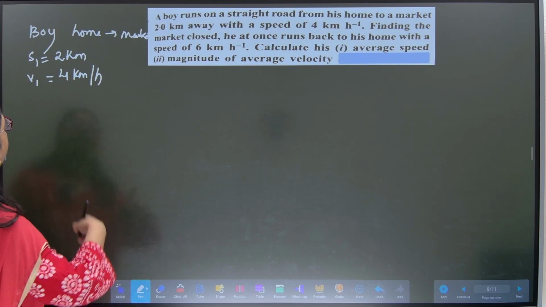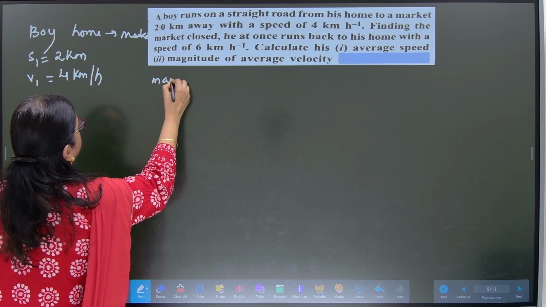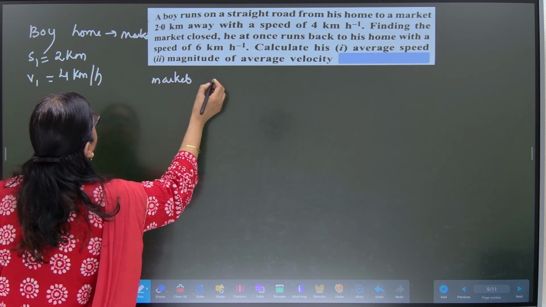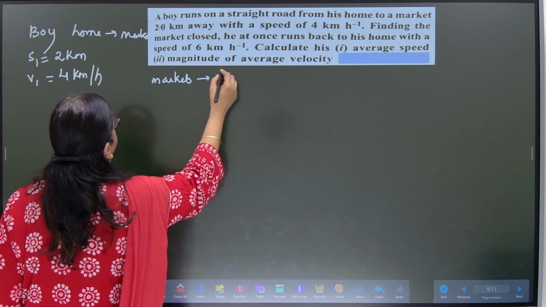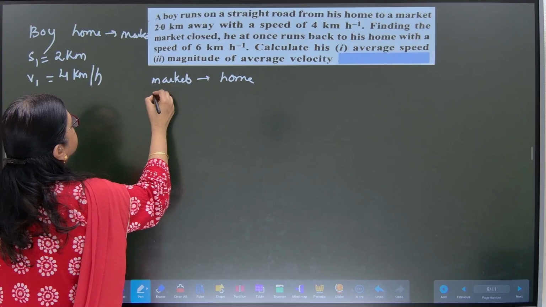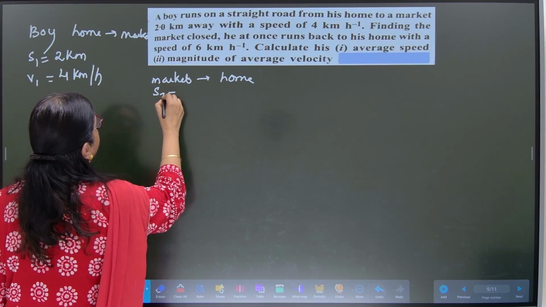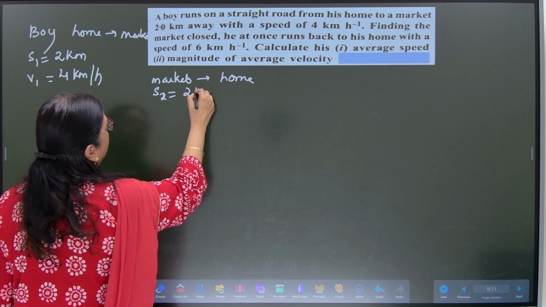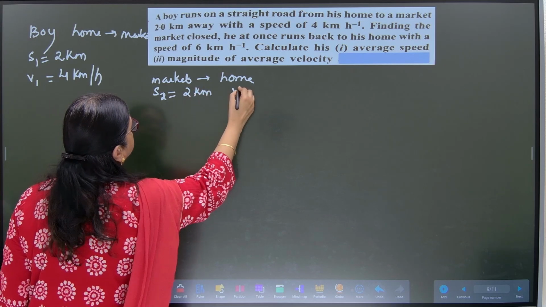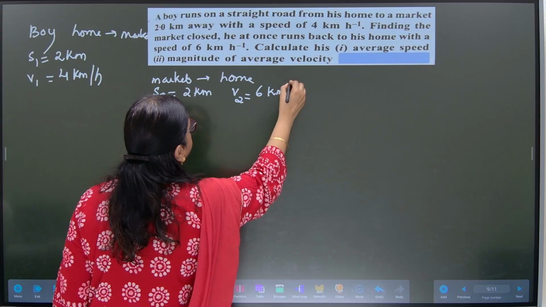Now here another data is given to us, from market to home. In that case, let us again talk about distance. S2, same, 2 kilometers. Speed, 6 kilometers per hour.